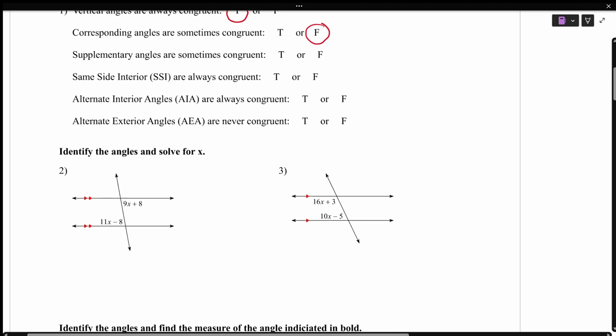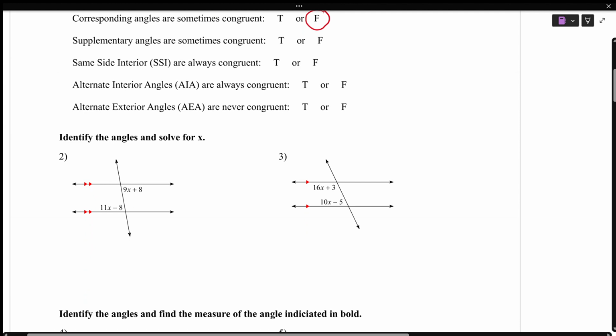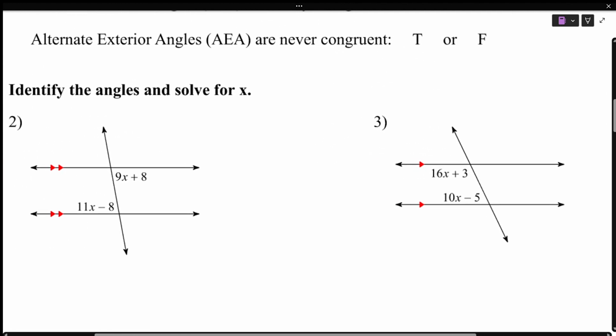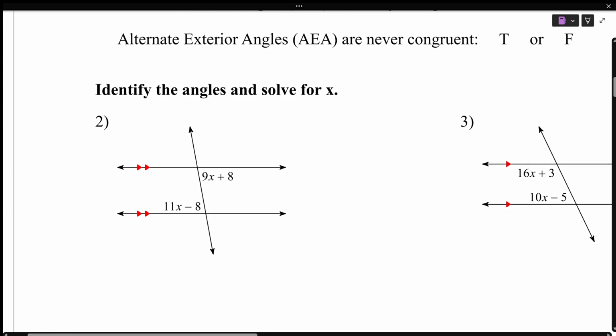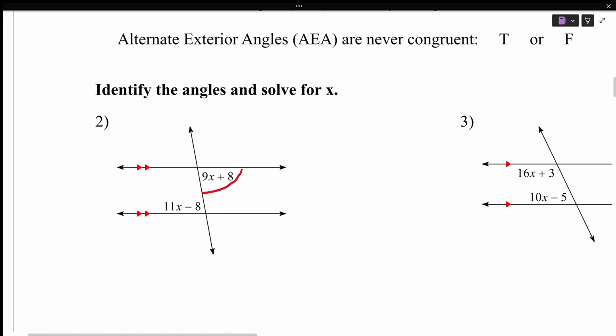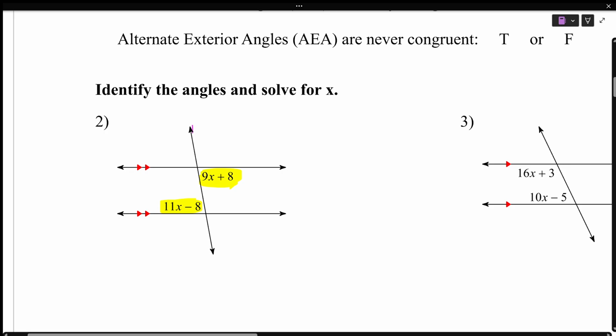Okay, let's move on. Identify the angles and solve for x. Let's look at number 2. We have these two angles here, 9x plus 8 sitting on this angle, and then 11x minus 8 sitting on that angle. Maybe I'll just highlight them. This angle right here and this angle right here. They are both on alternate sides of this transversal line.